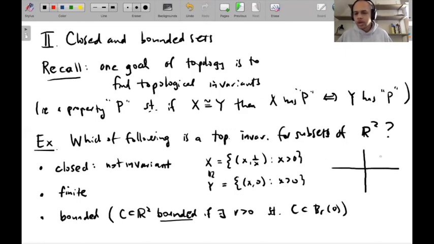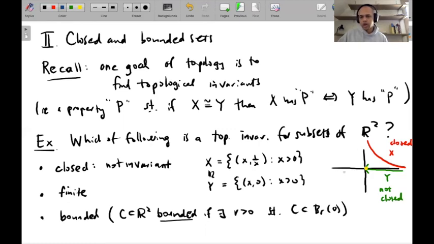So here's X, and here's Y. And well, Y is not closed, because, well, here's 0, the origin is a limit point, and it's not contained in Y. On the other hand, X is closed, which, well, you can convince yourself of.